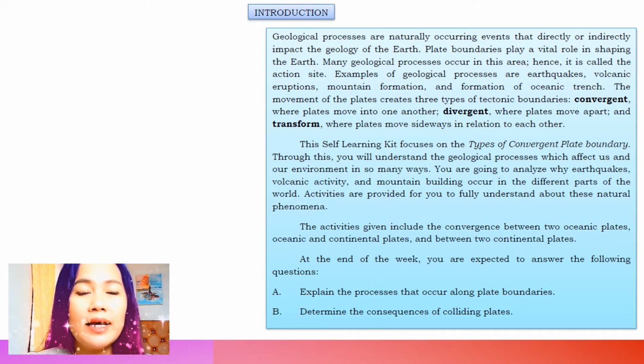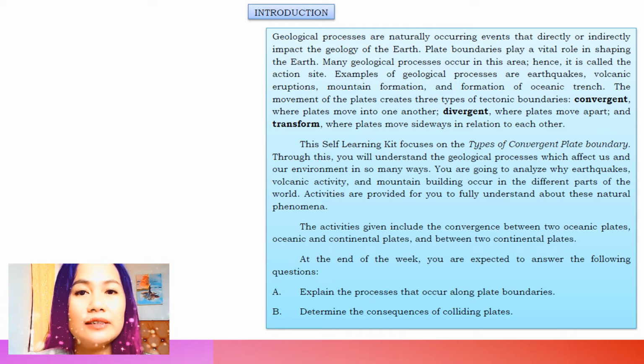The movement of plates creates the three types of tectonic boundaries. We already know about them, namely the convergent plate boundary, wherein two plates collide or move toward each other. The second type is the divergent plate boundary, wherein the two plates move away from each other.